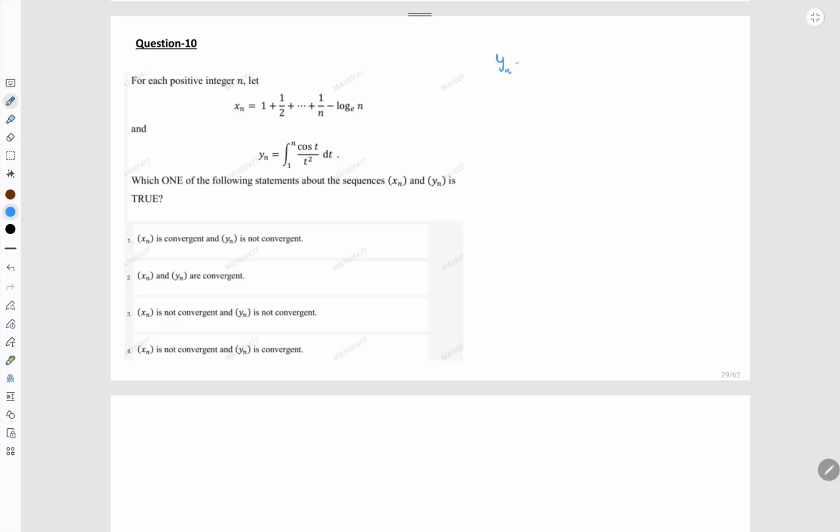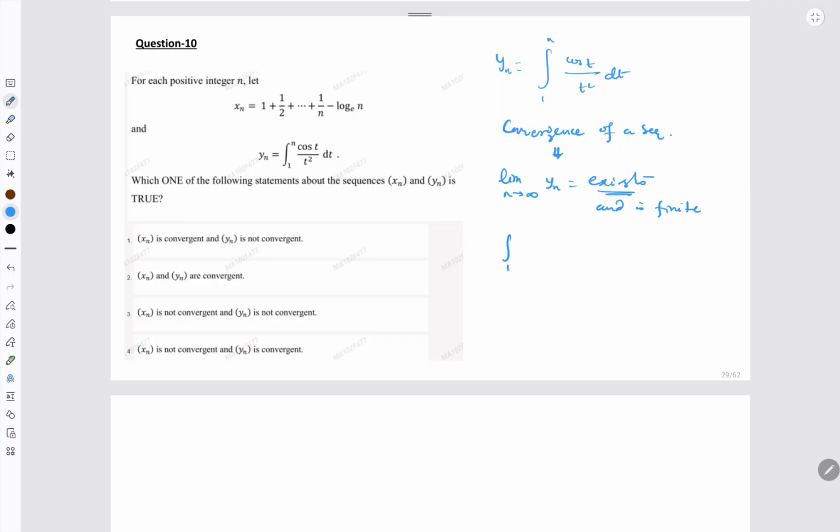So yn is 1 by n times the integral of cos t by t square dt. My pen is a little bit malfunctioning, so the handwriting is not that good, but we'll adjust. So what is the meaning of convergence of a sequence? Convergence of a sequence means that limit n tends to infinity of yn must exist and be finite, right?